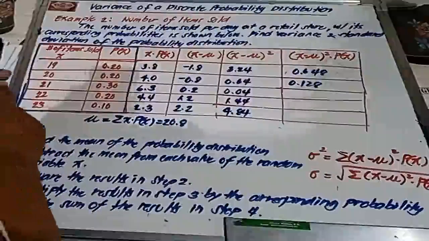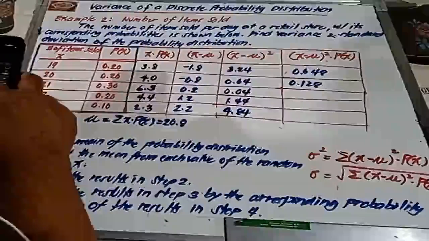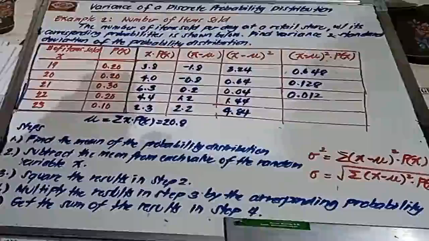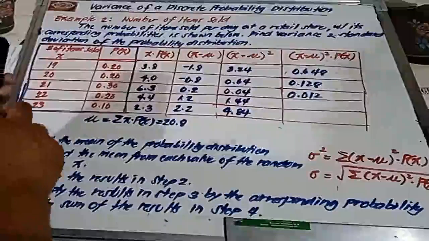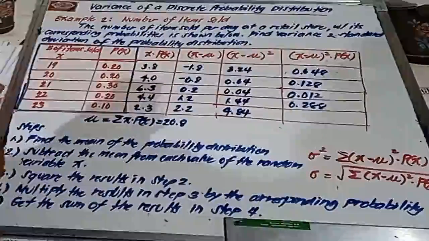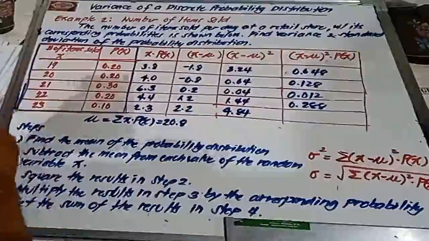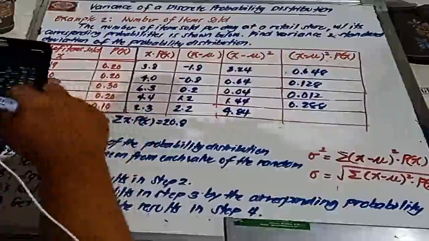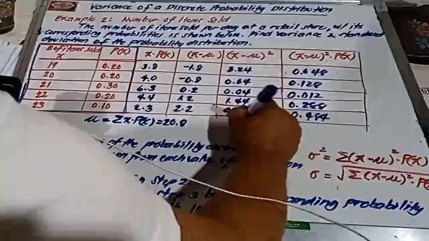And then 0.3 times 0.04, 0.012. And 0.2 times 1.44, we have 0.288. And then 4.84 times 0.1. Uy, multiply ko pa. That is 0.484.